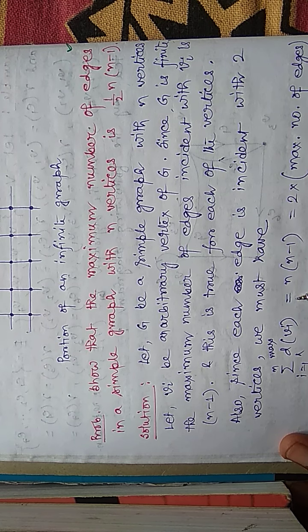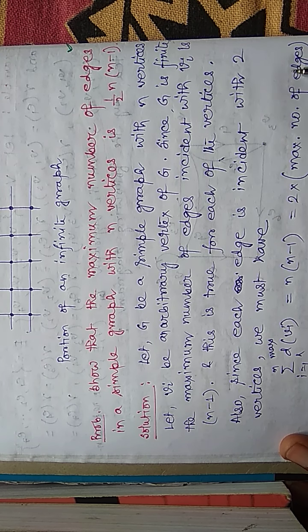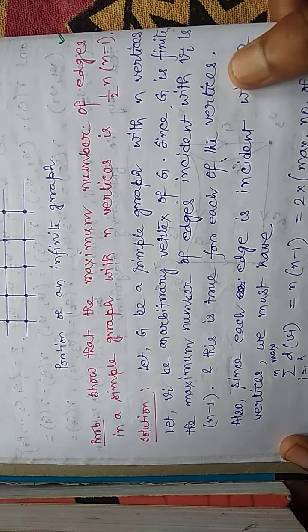The number of vertices is n, and each vertex is incident with at most n minus 1 edges. So the total n into n minus 1 equals twice the maximum number of edges. Hence the maximum number of edges should be n into n minus 1 divided by 2, that means half into n into n minus 1. That's all.